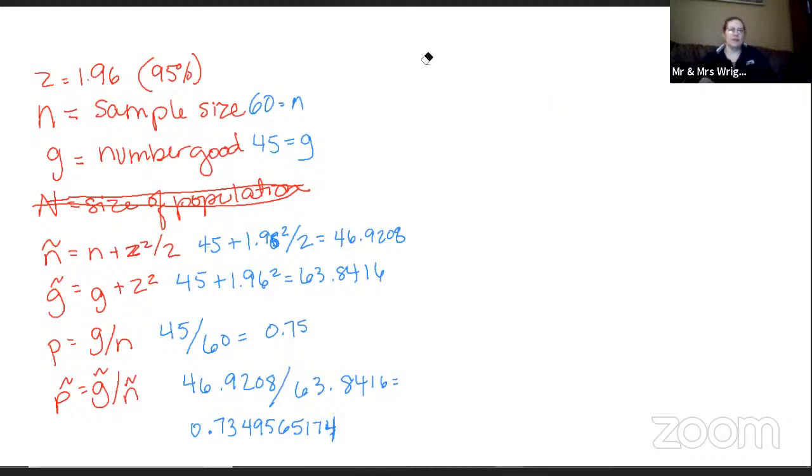Our formula, which again can be found on page 405, to find out the 95% confidence level is the adjusted P plus or minus Z times the square root of P(1 minus P) divided by N. All right, there you go. So now all we have to do is fill in this information here.